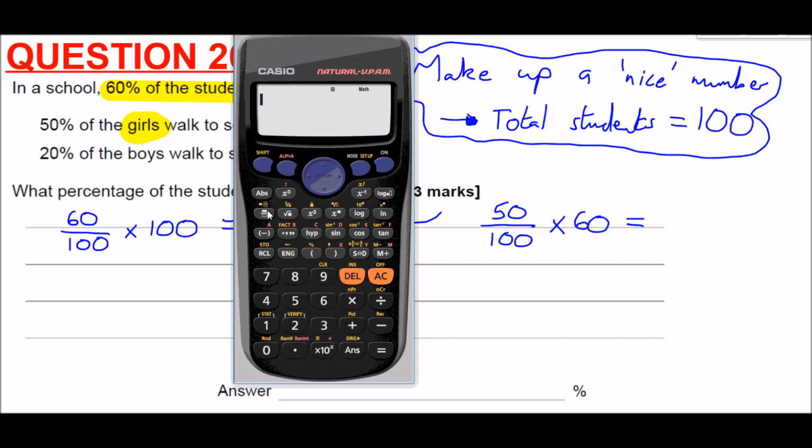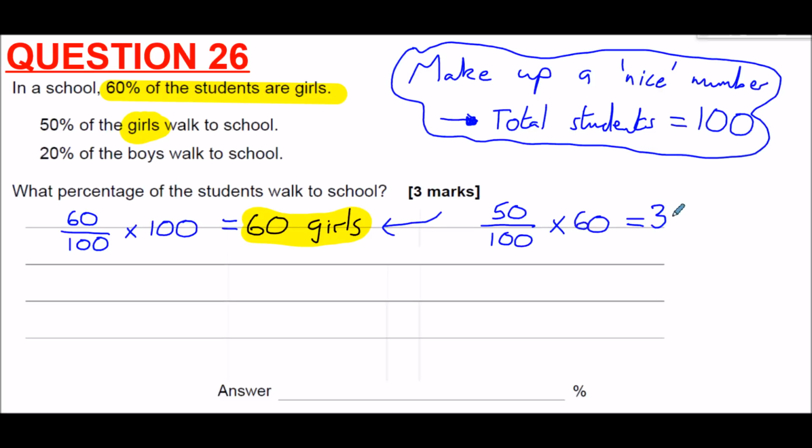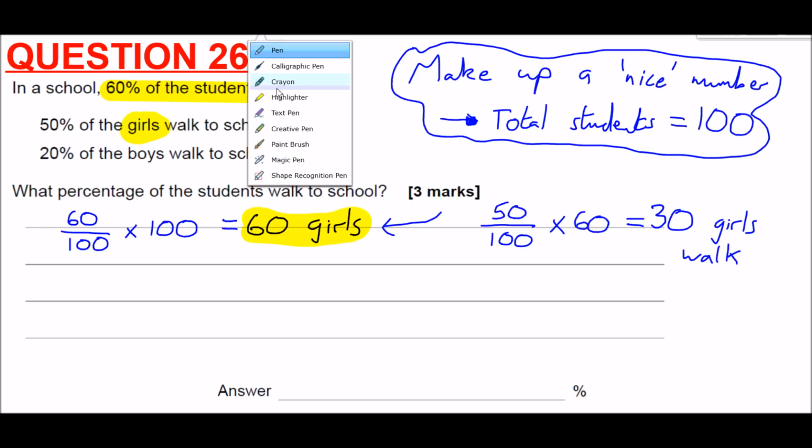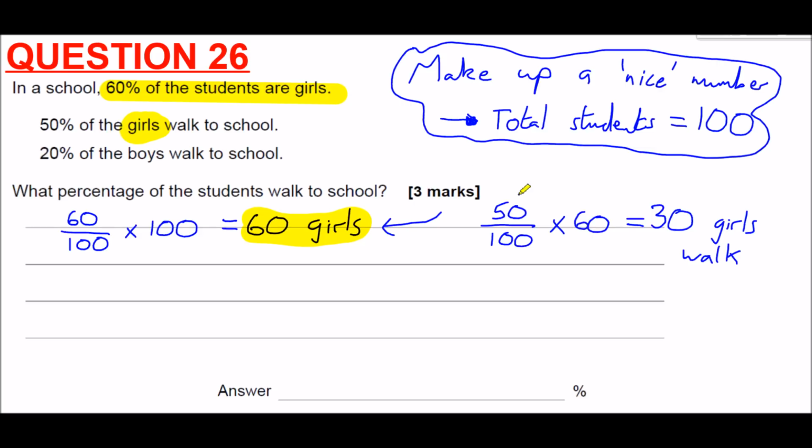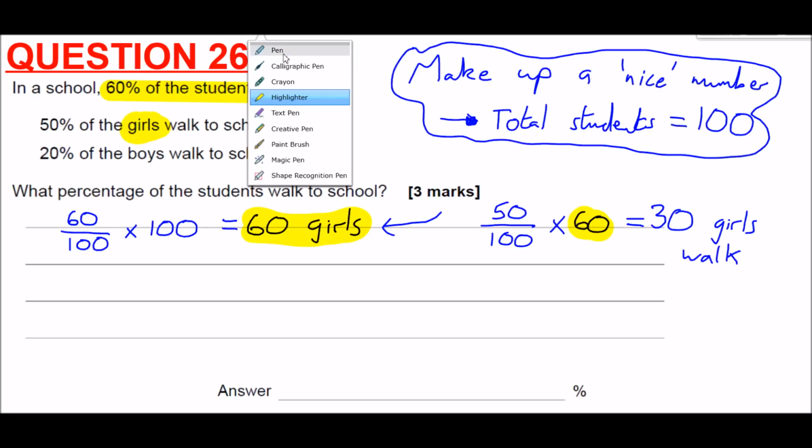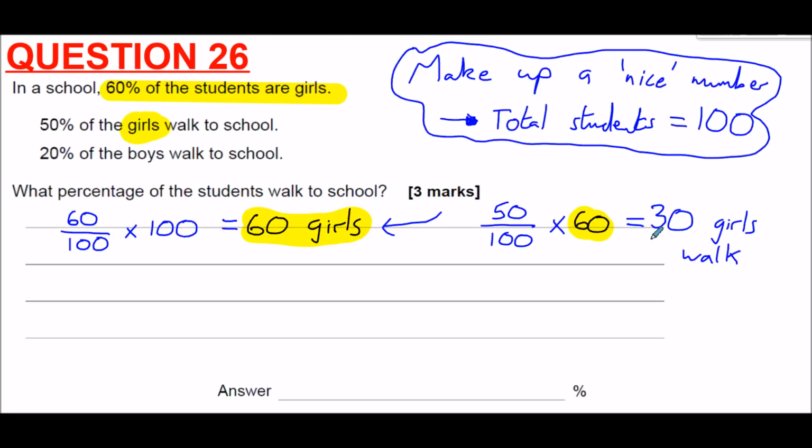But if you just want to be reassured by your calculator, by all means, 50% of 60 gives us 30. So that says that 30 girls walk.